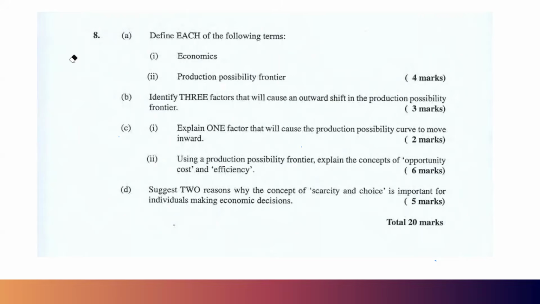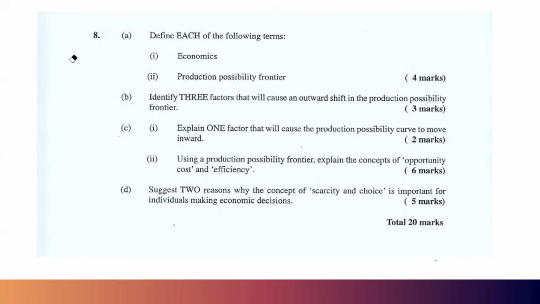Then D now, they said, suggest 2 reasons why the concept of scarcity and choice is important for the individuals making economic decisions. Right? So you talk about what scarcity is. You talk about because you have limited resources to use to satisfy unlimited wants, you have to make a choice.